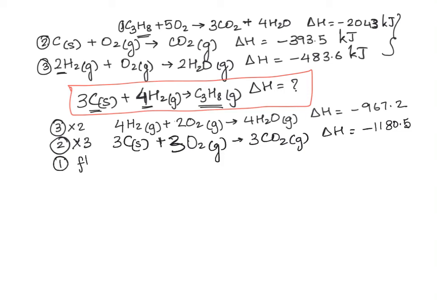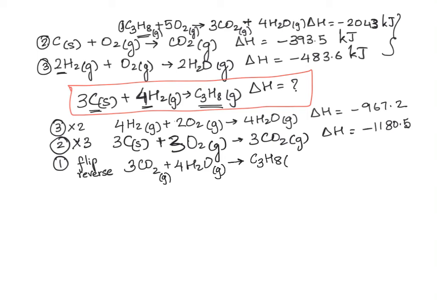Reverse it and write it as 3CO2 plus 4H2O, all gases in the given problem, yields C3H8 plus 5O2, and delta H will be positive 2043 kilojoules.